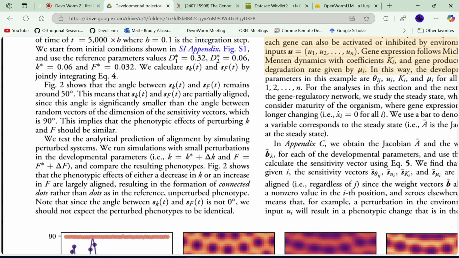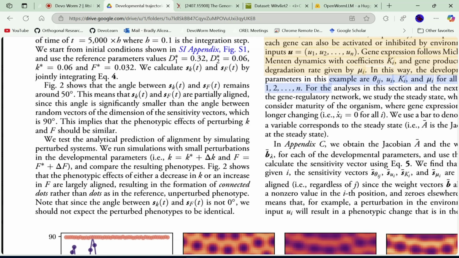So they run this simulation. They run the simulation with small perturbations in the developmental parameters and compare the resulting phenotypes. We'll see in figure 2 what that looks like.